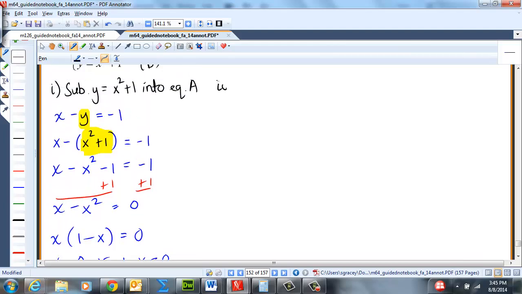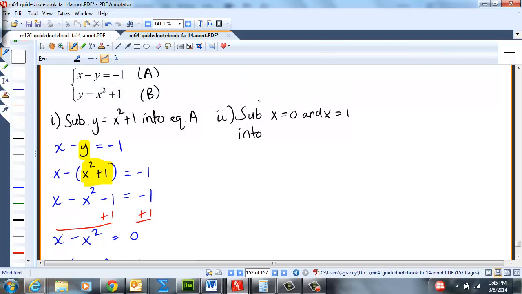So our next step will be to substitute x equals 0 and x equals 1 into, what equation was the easier one? Probably into equation B. That's where y is isolated.